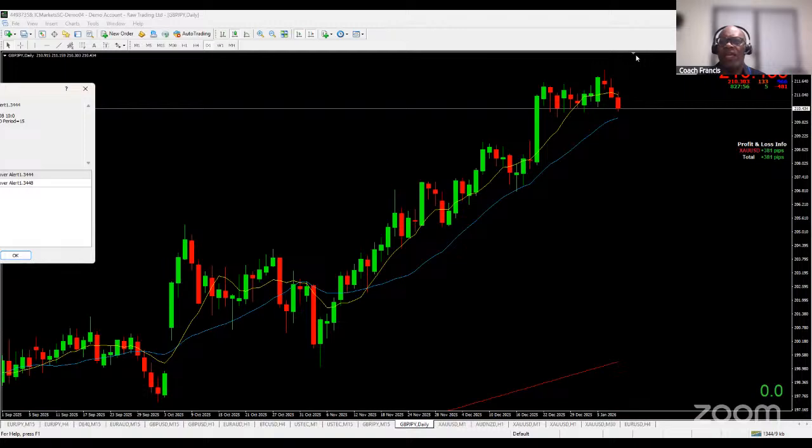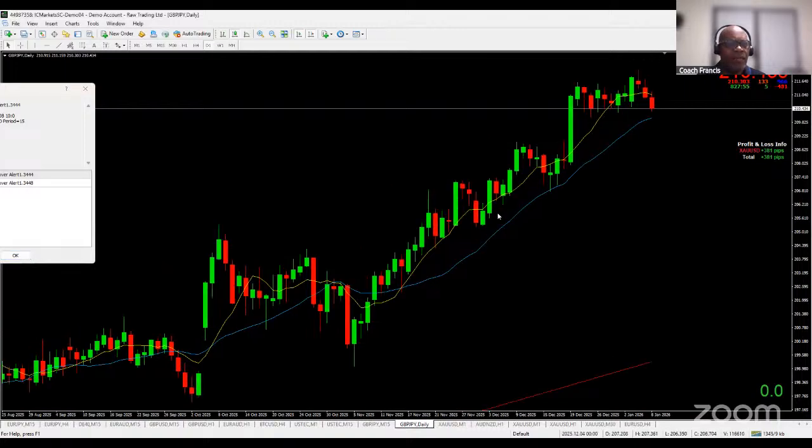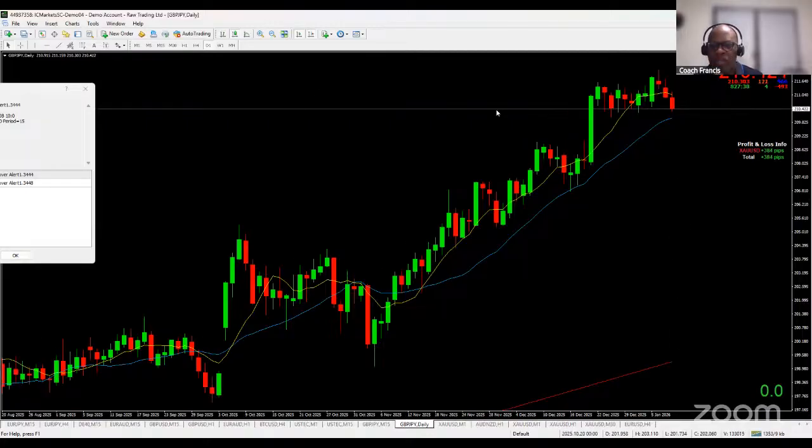So looking at pound JPY, GJ like we call it, it's been pretty much very bullish.